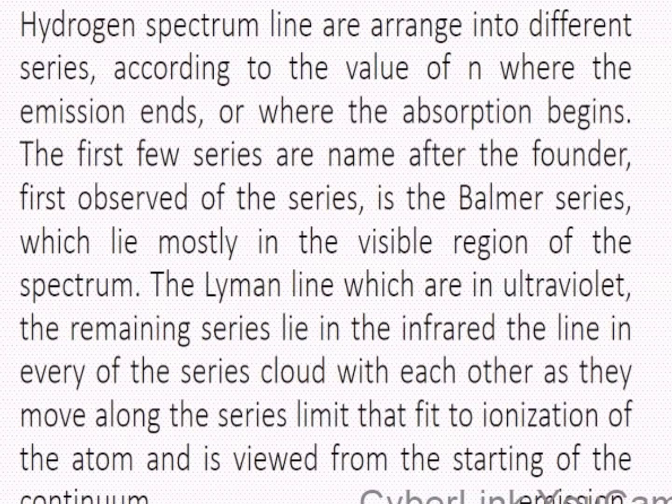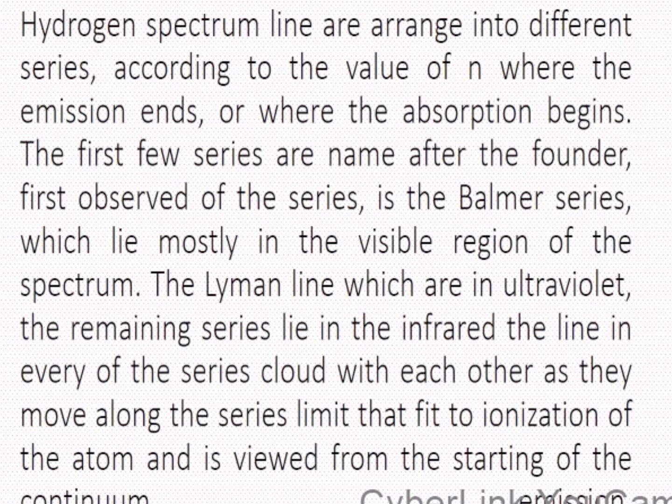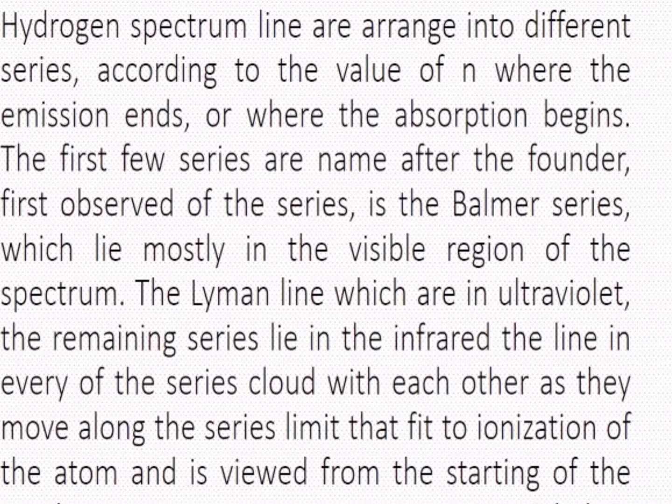The Lyman lines are in the ultraviolet. The remaining series lie in the infrared. The lines in each series crowd together as they approach the series limit, which corresponds to ionization of the atom and is the start of the continuum.